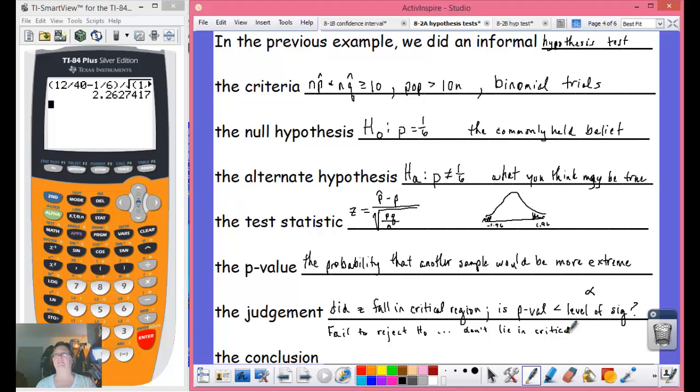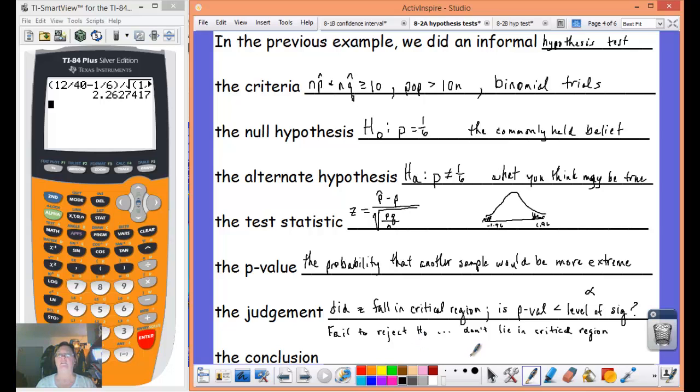What you're saying then is that your sample wasn't strong enough, didn't give you significant evidence of a change. You don't say that you accept H sub O, because as statisticians, we hedge our bets. You can't say that it's true because there could be some sample where it's not true. However, you say, based on my sample, I failed to reject H sub O, my sample wasn't strong enough.